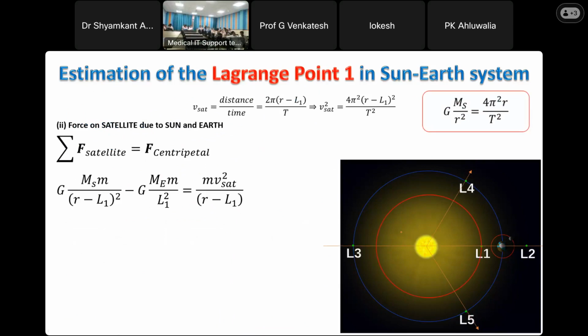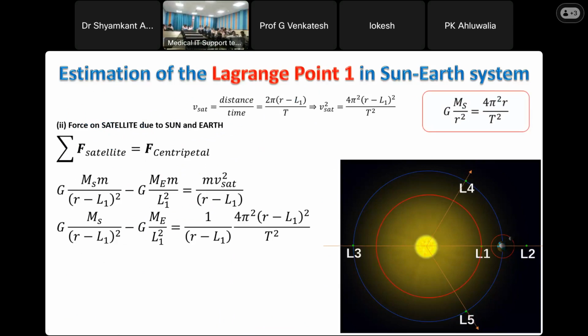Now, here I think we have eliminated this m, and we have to substitute this v_sat square from this very equation, and then we are left with this equation, this 1 upon R minus L1 we have here this way, and 4 pi square (R minus L1) whole square divided by T square.